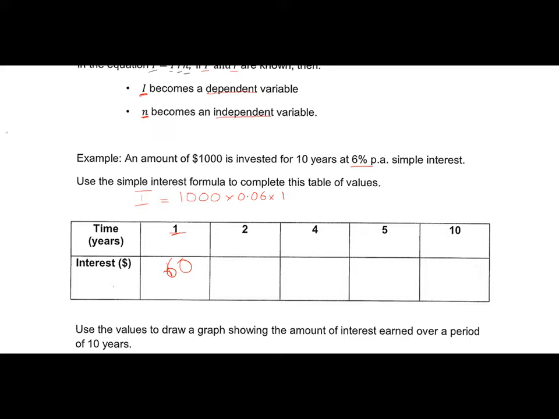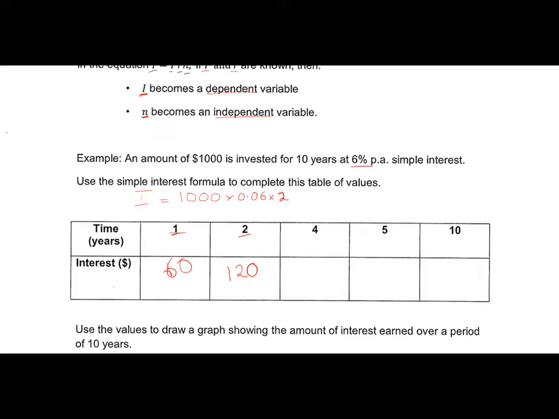For the second column in the table, the time is 2 years. So we would replace the 1 with a 2, and you'd get $120. Sorry, the tablet didn't pick up that 0 very well. As you can see, it's just adding on $60 a year for every year that we have it for, which would be great if the time went up by 1 each time, but it doesn't.